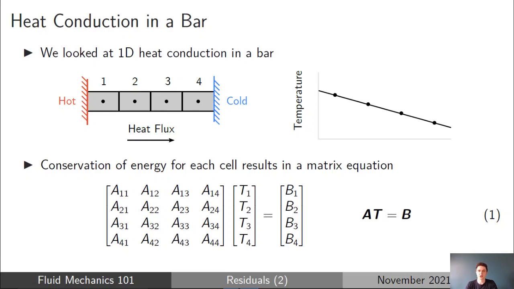And when we divide the bar up into 4 elements, we find that the temperature profile of course varies linearly between the hot and the cold end of the bar, and heat will flow from the hot end of the bar through to the cold end of the bar.